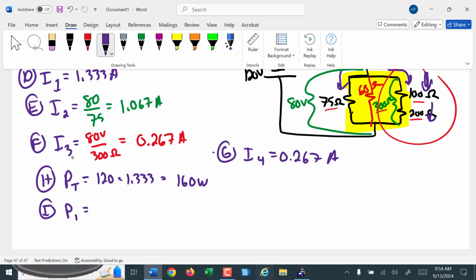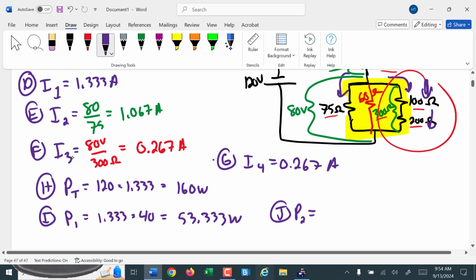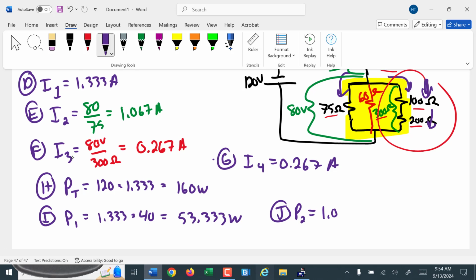Well, we have the current of 1.333 and the voltage of 40, 53.333 watts. J, power 2. So power 2, we had a current there. Where's current 2 go? 1.067 times the voltage of 80 volts. Multiplies to 85.333.